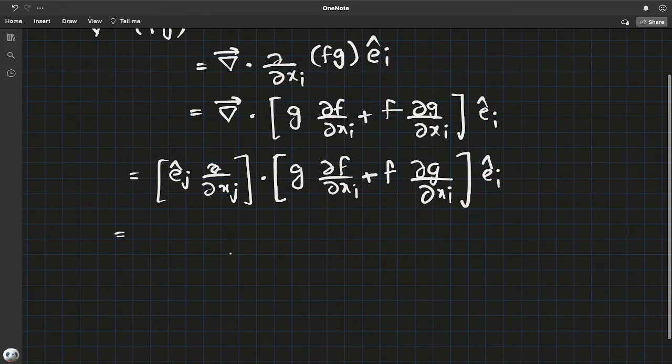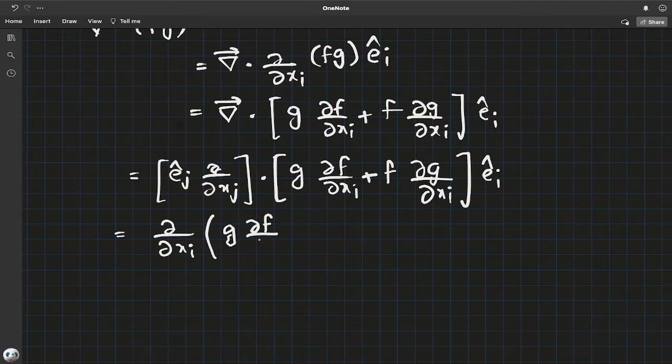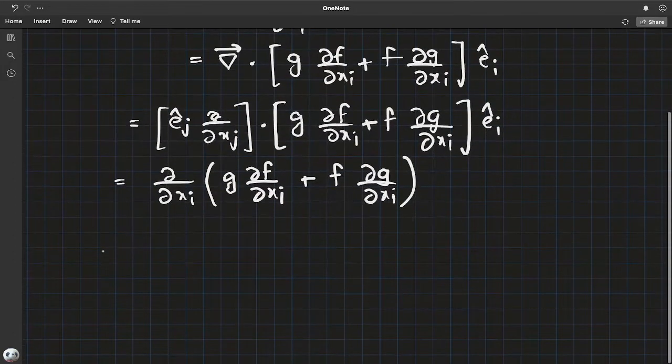So what I'm gonna have is a Kronecker delta ij because of this dot product. So we can change the j to an i after applying the Kronecker delta. So we have partial with respect to xi acting on this entire thing, g partial f with respect to xi plus f partial g with respect to xi. And again we can expand this out, using a product rule again for both of these guys.